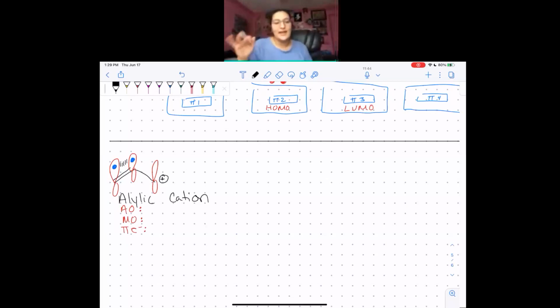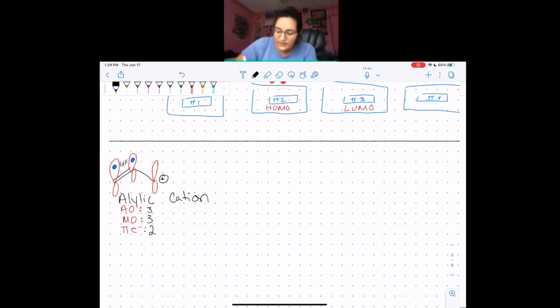It's going to be empty. So how many atomic orbitals do we have? 3. Sweet. How many molecular orbitals do we have? Because those are the same. Yep. And how many pi electrons do we have? 2. Awesome. All right. So now we are going to turn this into the energy level diagram.